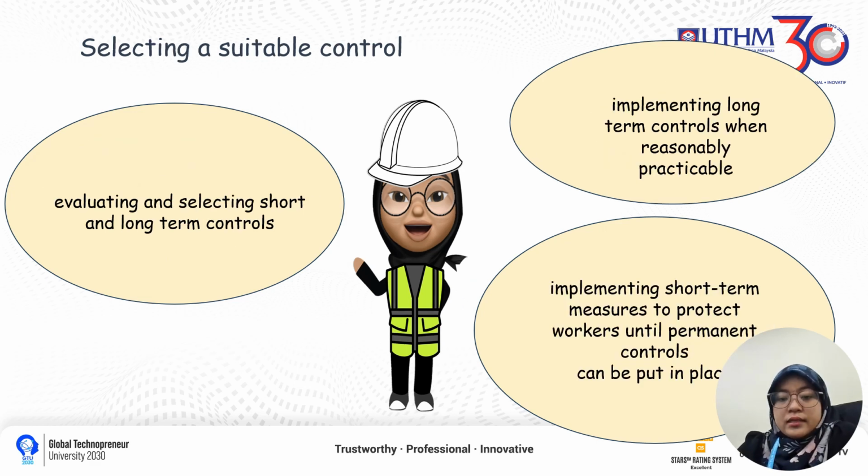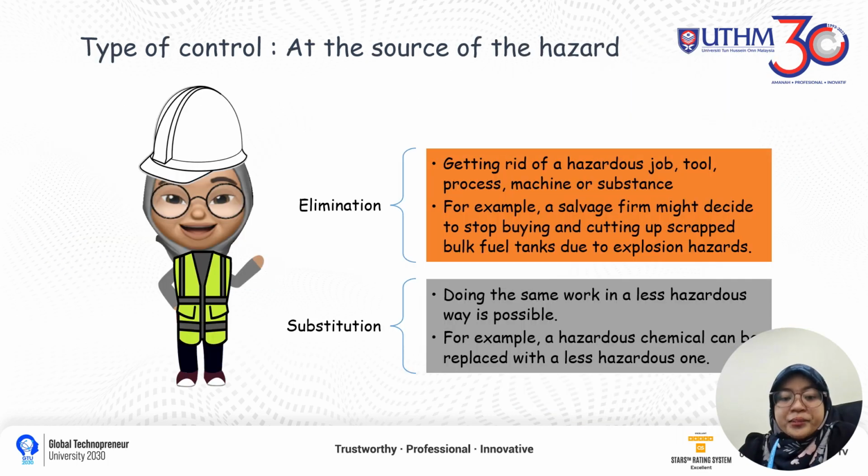So how do we select a suitable control? We must evaluate and select short and long-term controls, implementing long-term control when reasonably practicable, and then we can implement short-term measures to protect workers until permanent control can be put in place. So for the types of control, the first type of control is at the source of the hazard. First is elimination.